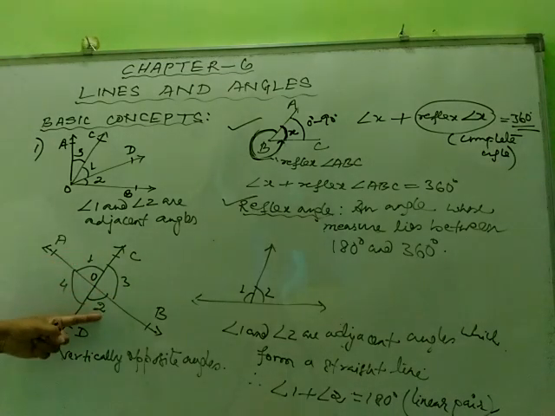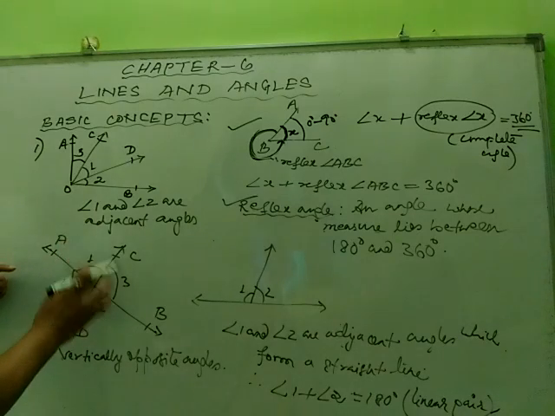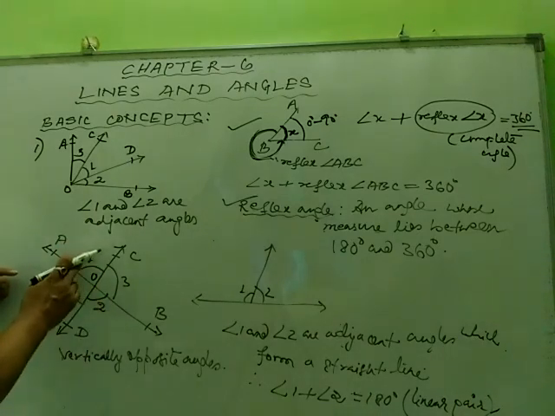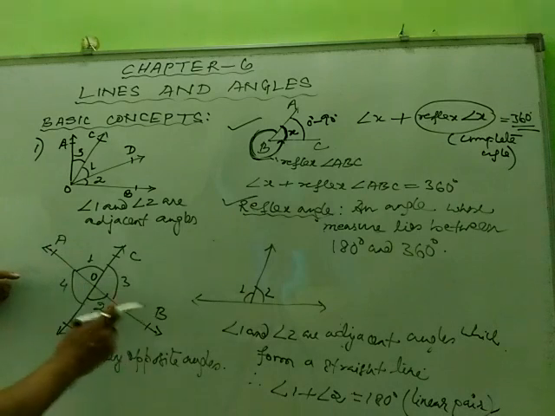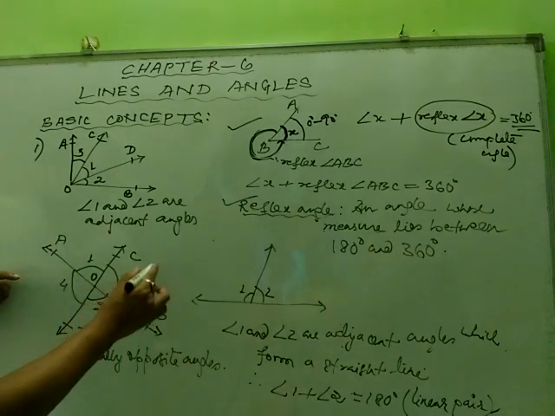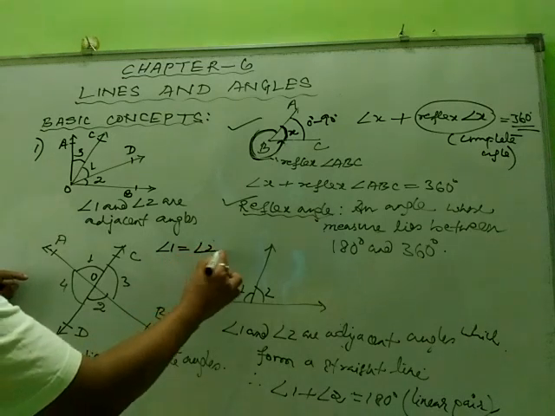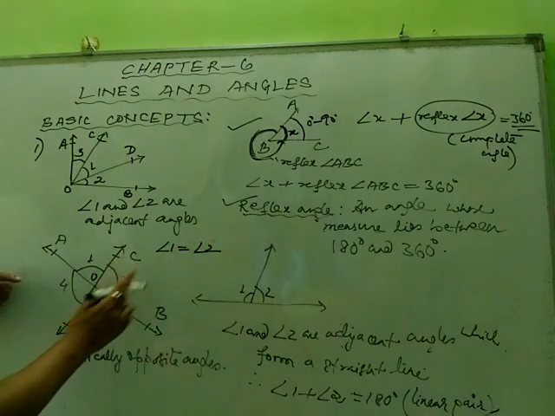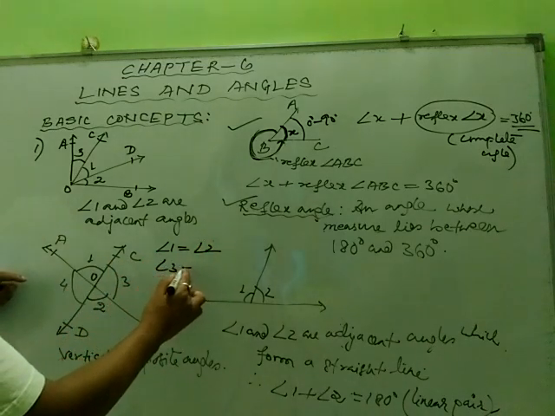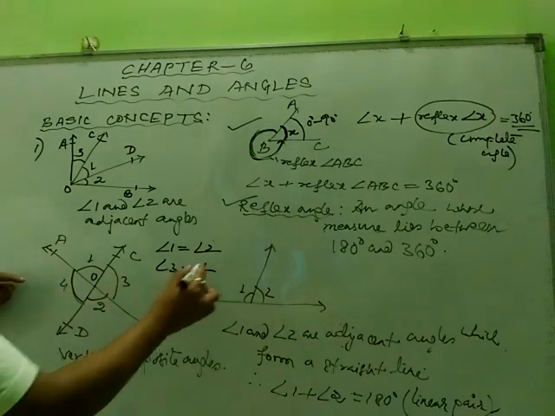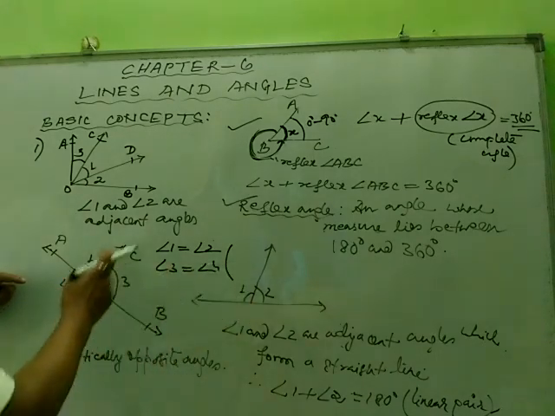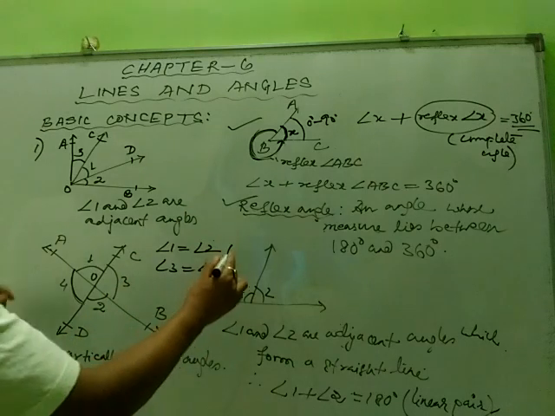These two pairs are vertically opposite angles, because these two lines meet at the point O, which means angle 1 equals angle 2 and angle 3 equals angle 4. Why? Because they form a pair of vertically opposite angles.